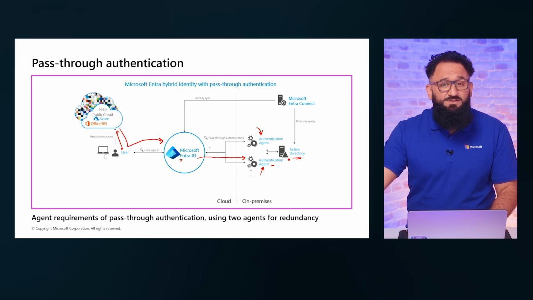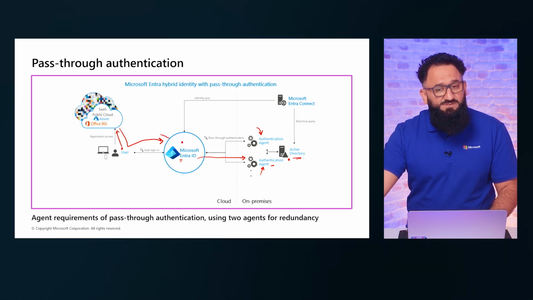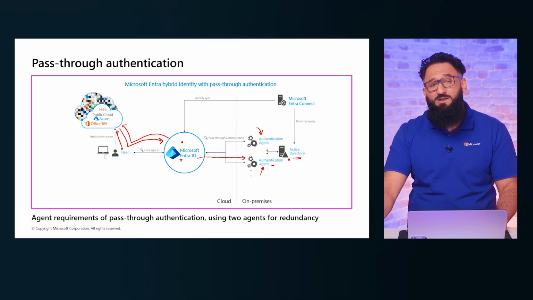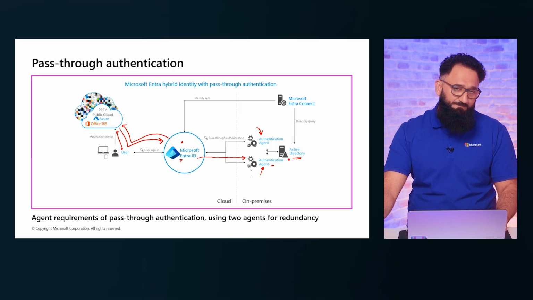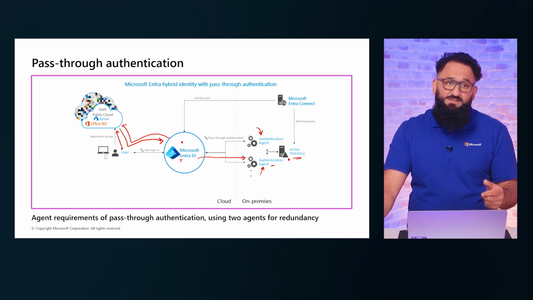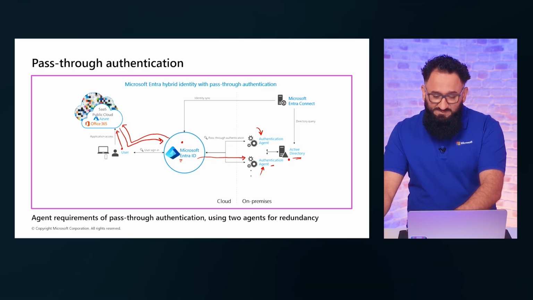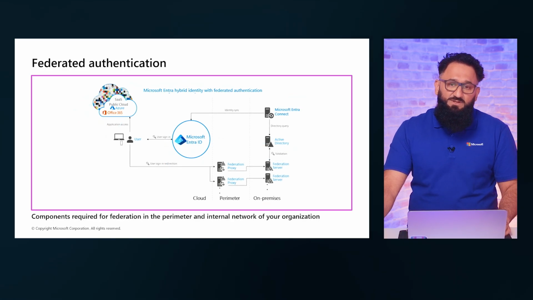Once all that is done, this can simply send the information back to Entra, and in return, Entra can send the information back to your Office or the cloud resources to allow you to have access to them. This is pass-through authentication.